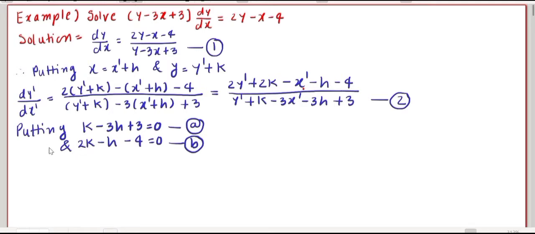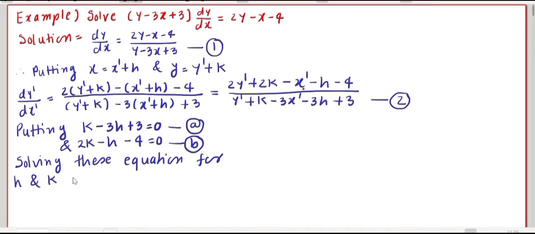Now solving these equations for h and k, we have to do a simultaneous solution of the equations. So we get the values of h and k. For that we multiply equation A by 2.